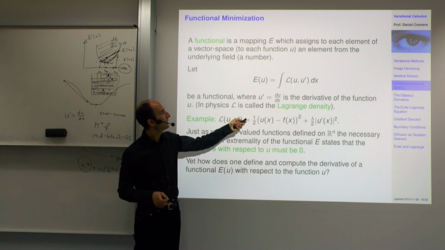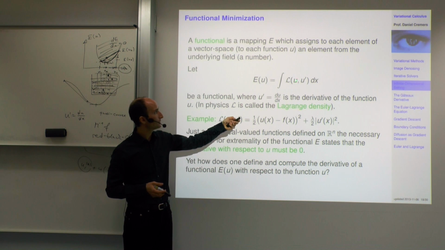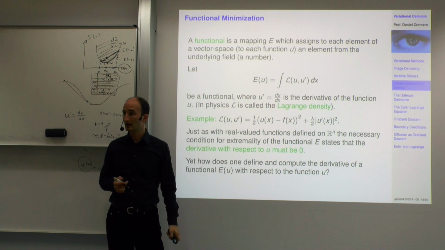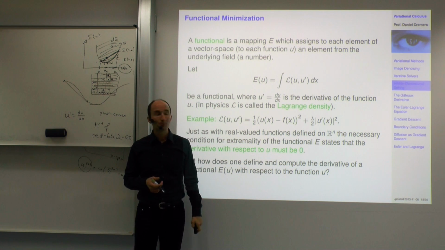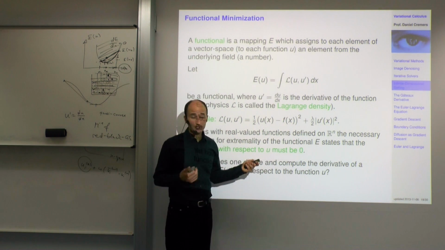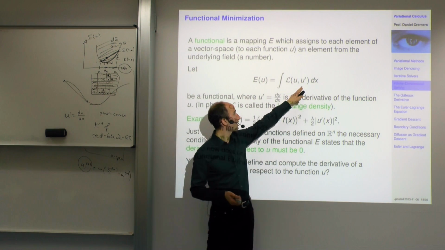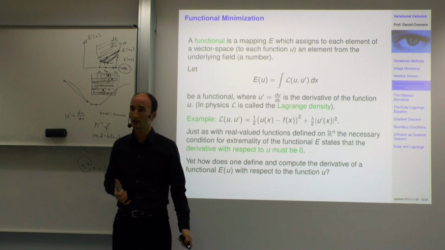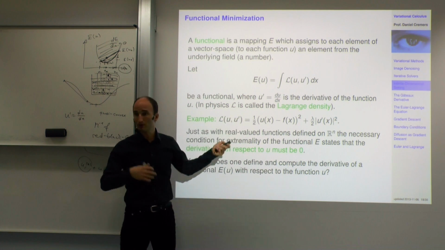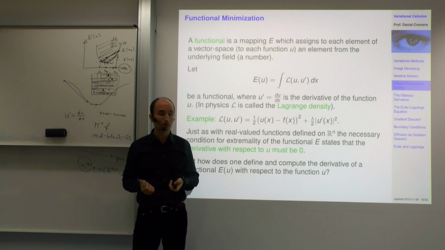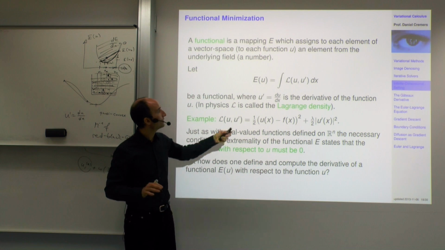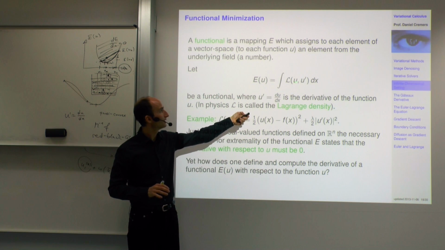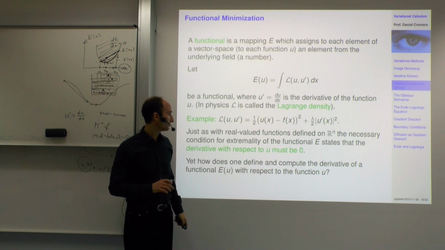And this quantity in this example will depend on u at the location x and the derivative at the location x. But in general, of course, the theory can be generalized to problems where I also have the second derivative of u in here, so u double prime, u triple prime, etc. You can do that, of course. But for now, let's consider this problem: u and the derivative of u.